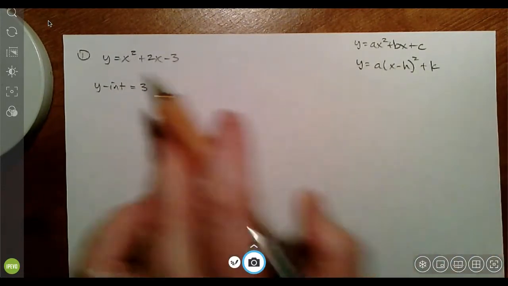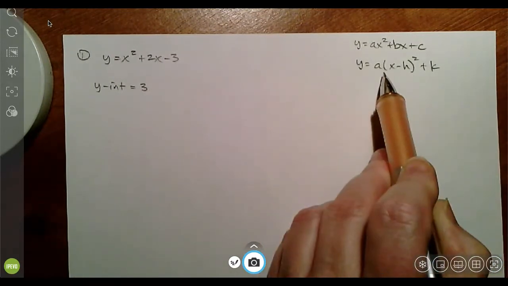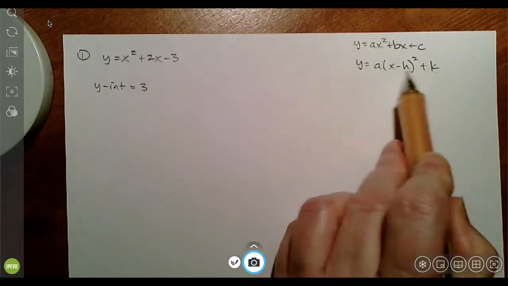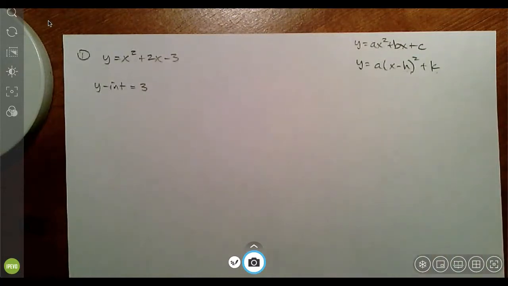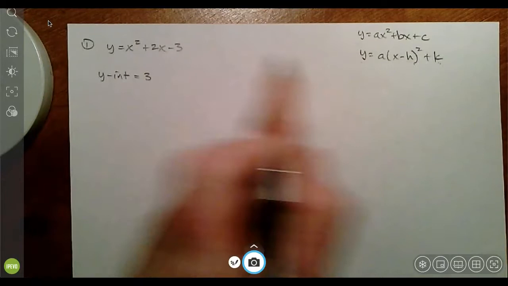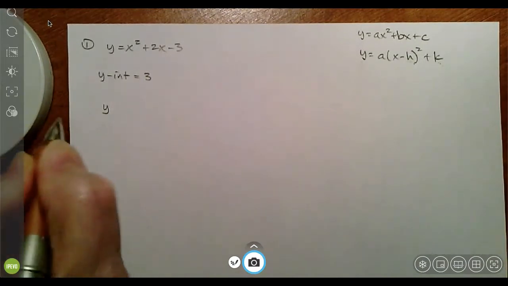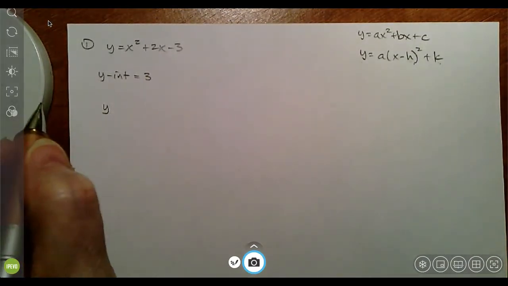But if I can rewrite this in this form, then I can get the vertex from that, and then we've already talked about how to graph it from there. So if I want to get this to look like this, what we're really doing here is completing the square. So we're going to step through remembering how to do that, or refreshing how to do that.